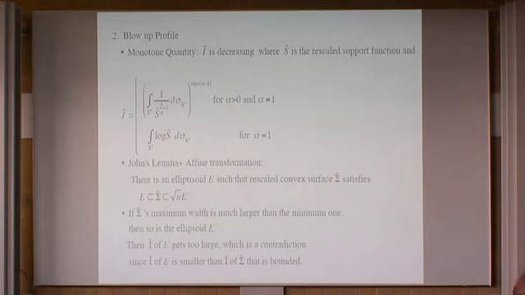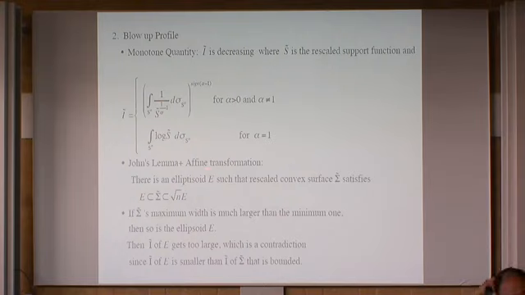So we can use that structure to show this one is monotone. Then we use this monotone quantity to show the limit profile is a good one, not thin. How can we do it? Basically we used John's lemma and affine transformations.